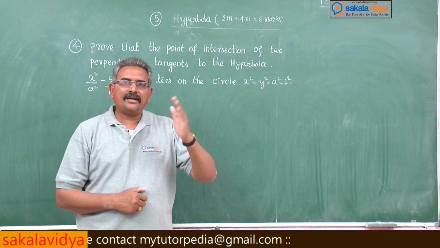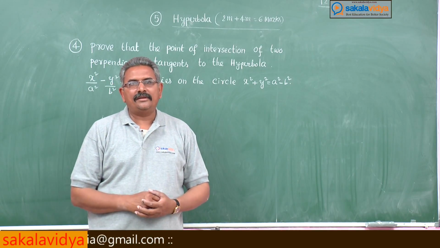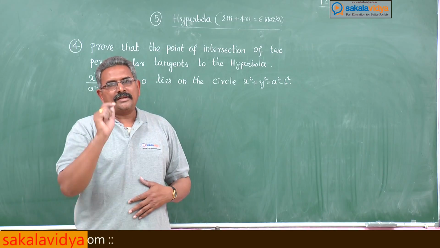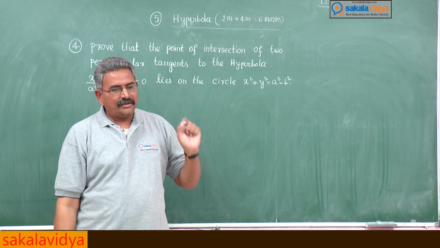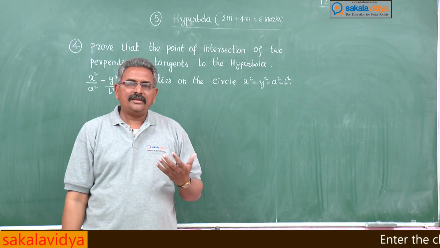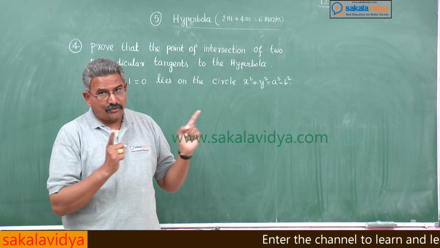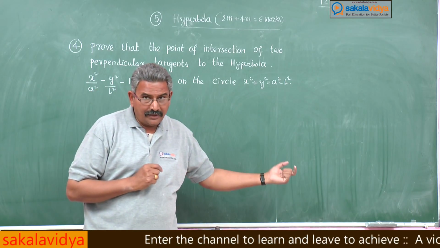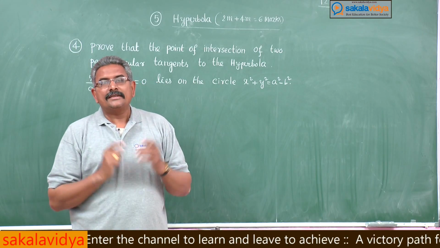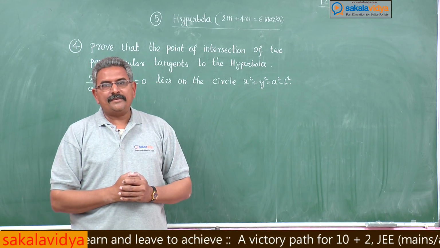Let P x1 comma y1 be the point of intersection of the tangents. That point should satisfy the equations of the tangent. From that we get a quadratic equation in terms of m, where m stands for the slopes of the tangents drawn to the hyperbola. Since they are perpendicular, the product of the slopes must be equal to minus 1.